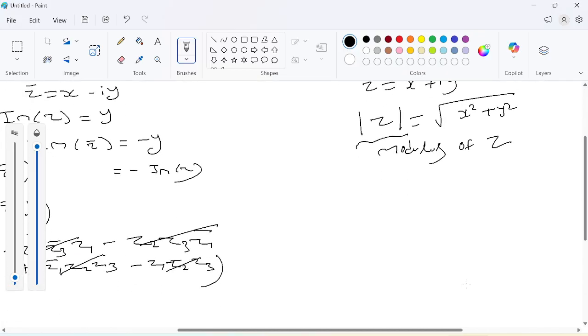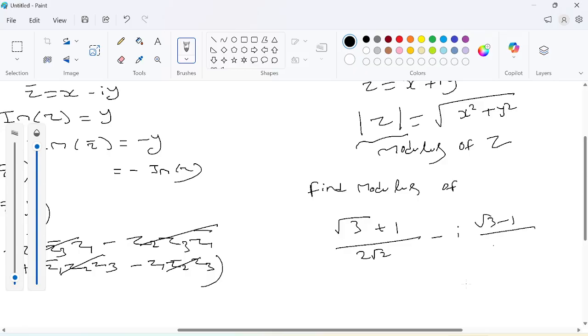Okay. Now there will be some questions like find the modulus of the complex number root 3 plus 1 by 2 root 2 minus i times root 3 minus 1 by 2 root 2.